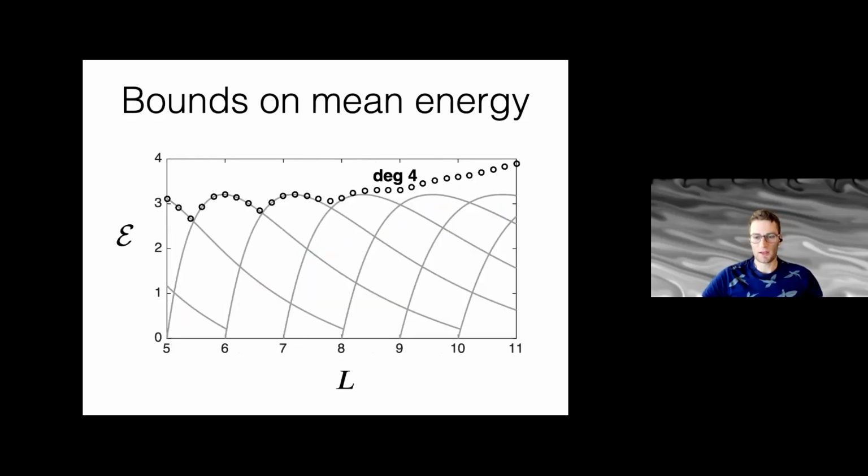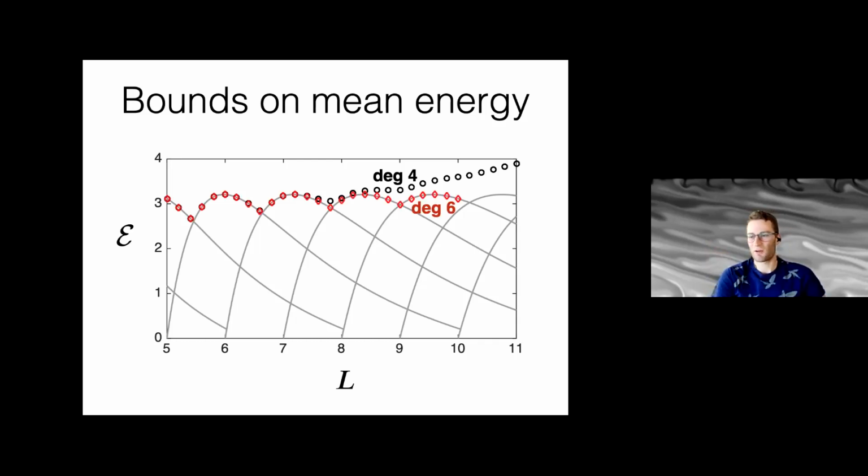Let me zoom in here. You can see that these upper bounds, to numerical error, sit exactly on these known nonlinear steady states. So this implies not only that the energy remains order 1, but that the maximum spatially averaged energy is attained by these simplest steady states. And then the bound diverges.